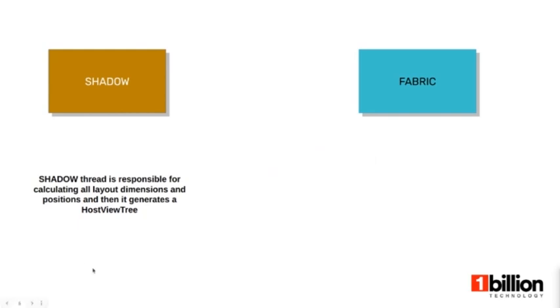But in the new version, we don't have to do this. There's Fabric, which is going to replace the shadow thread and provide a solution for these issues. The shadow thread is responsible for calculating layout dimensions and positions, and it generates a host view tree. If you guys have some experience developing React Native applications, when we render UI components, let's say we render something like a FlatList.